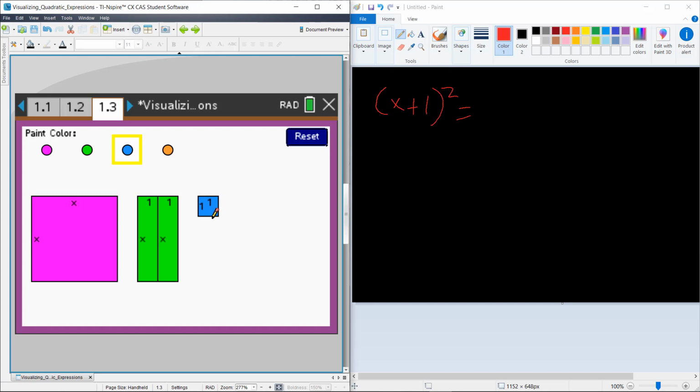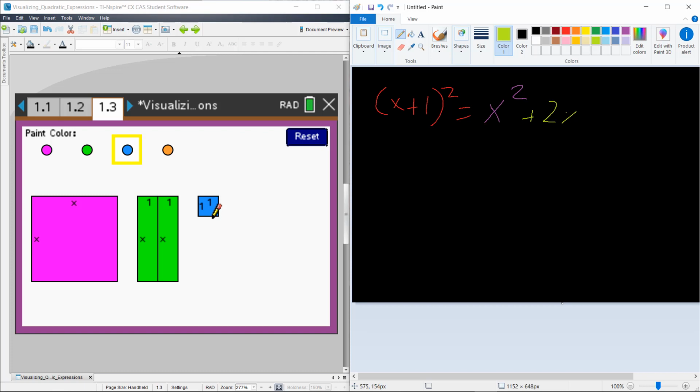So we'll call this x squared, and we'll call the next one plus 2x, and then finally we have plus 1. And so we have one verification there. Well, this is how we would write it in algebra notation.